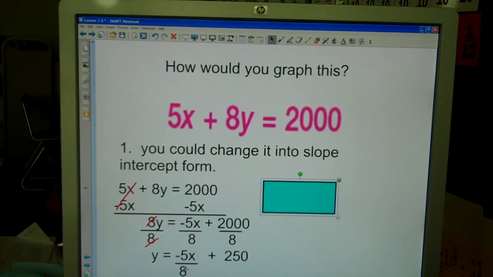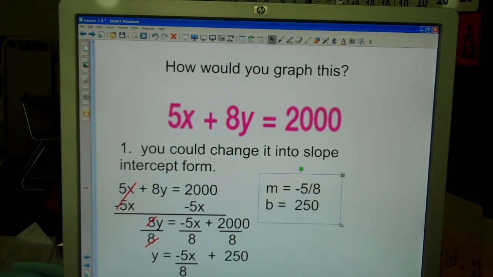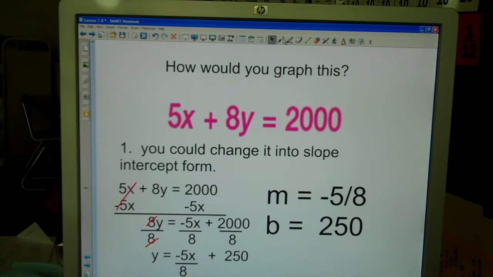What does the m stand for? Our slope. And what was the b? It was our y-intercept. So I'm just going to quickly sketch a graph. This is not going to be anything pretty. Okay, there's my coordinate plane. I know that my y-intercept is going to be at 250. I'm going to pretend that that's 250.